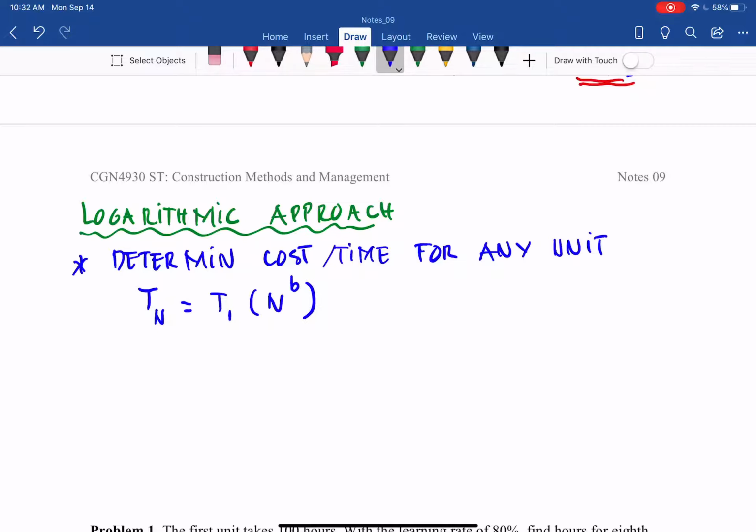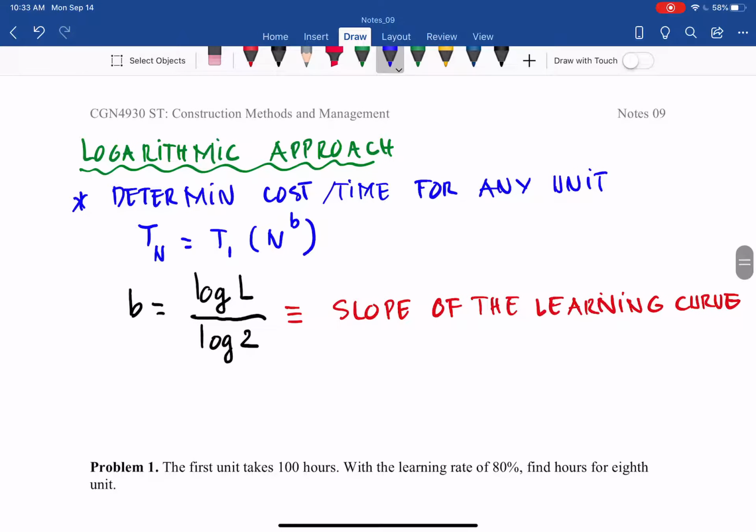At any given point on this curve, the slope of the learning curve is what we are talking about, and that is b.